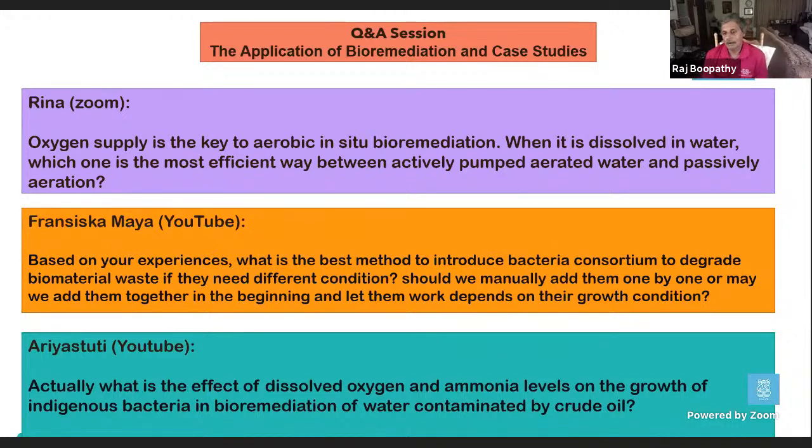So 2 milligrams or less of oxygen in the water is okay. And then for ammonia, in our system, you need a 30:1 carbon-nitrogen ratio. For every 30 parts of carbon, you have 1 part of nitrogen. So you first have to determine how much nitrogen is already at the site, and then you work with that carbon-nitrogen ratio.